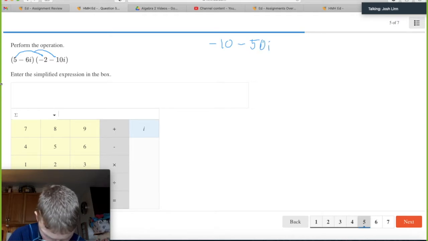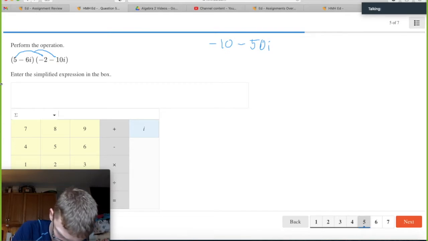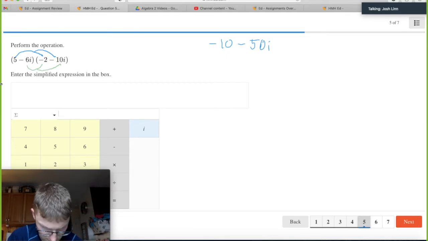And then we're going to take negative 6i, and right there. So then that's going to be negative 6i times negative 2 is a positive 12i, and then negative 6i times negative 10i is a positive 60i squared.